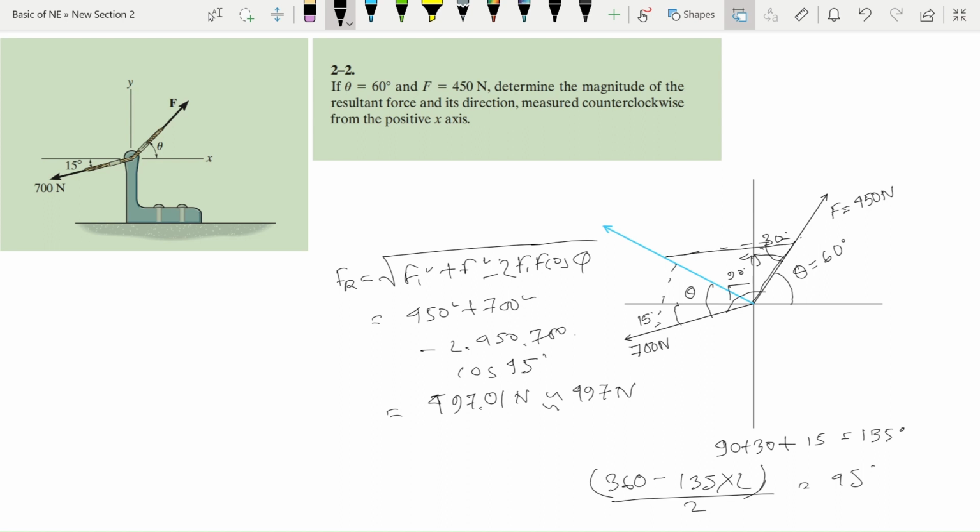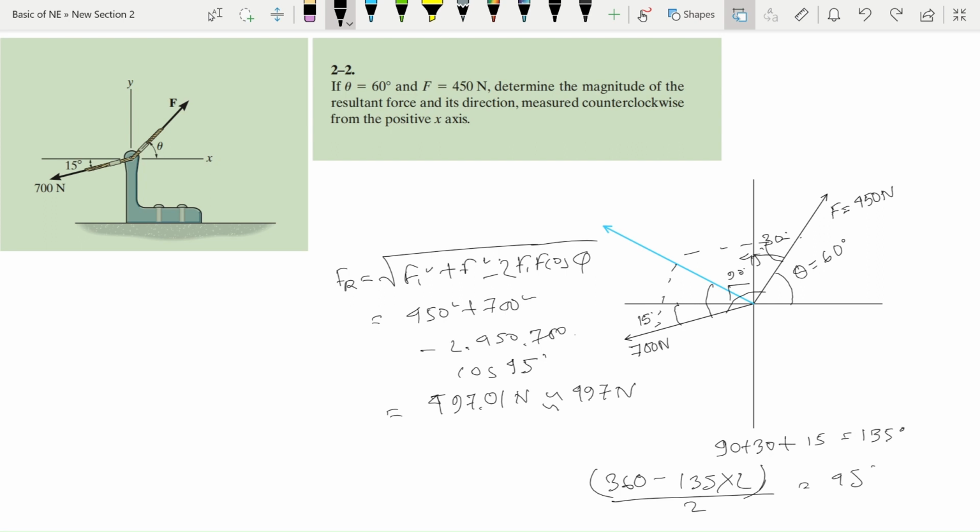I'm drawing it separately here. This is the angle. Now, to determine the angle, we have to use the sine law.